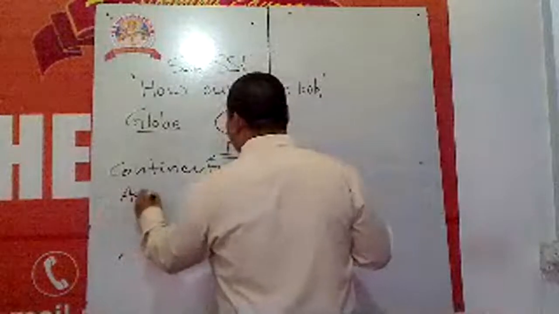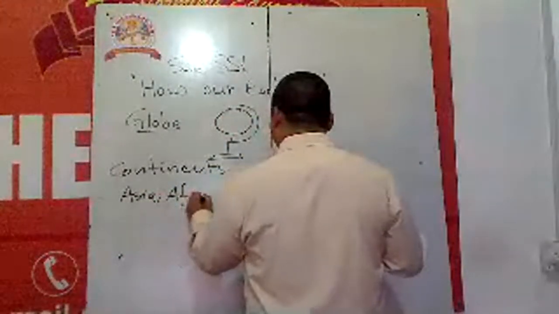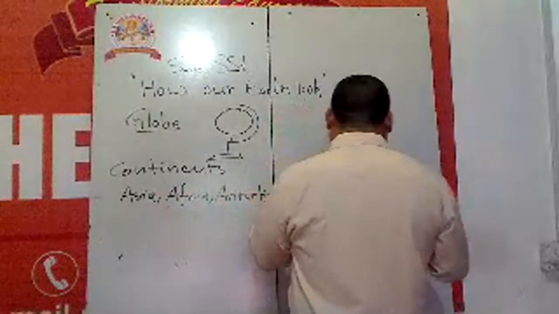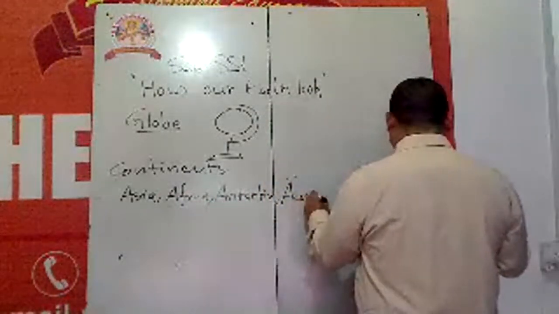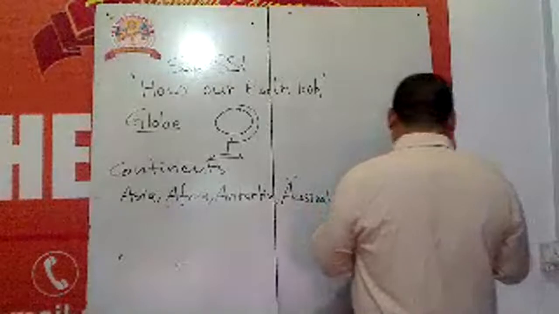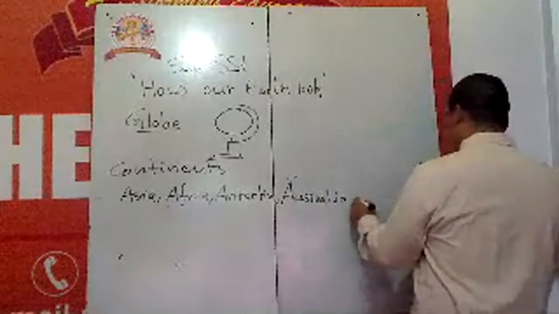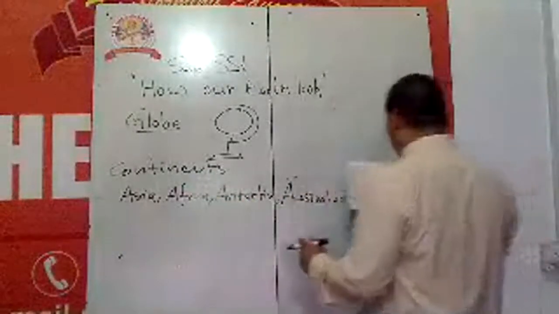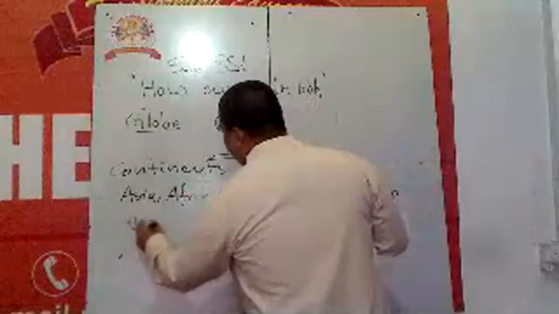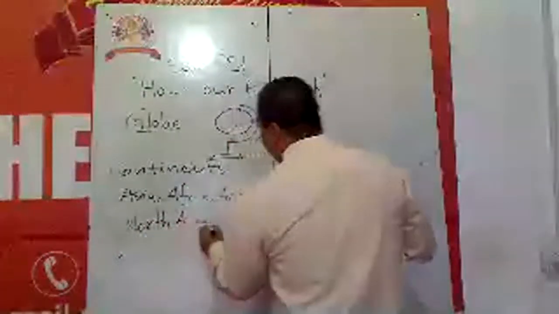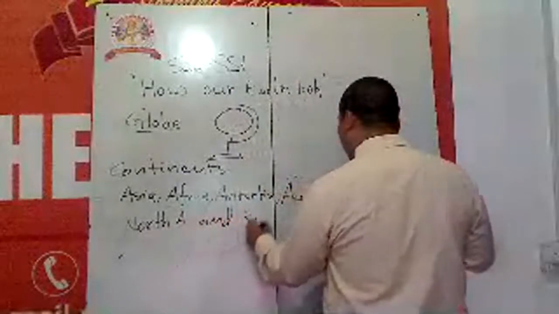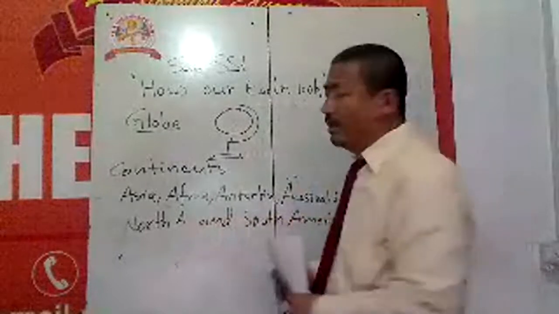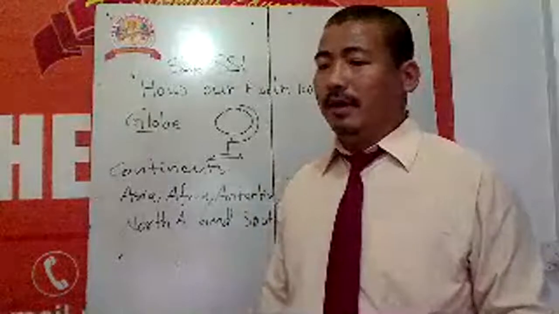One is Asia, another is Africa, another is Antarctica, another is Australia, Europe, and two are America, that is North America and South America. These are the 7 continents, and these are the land bodies on the earth.